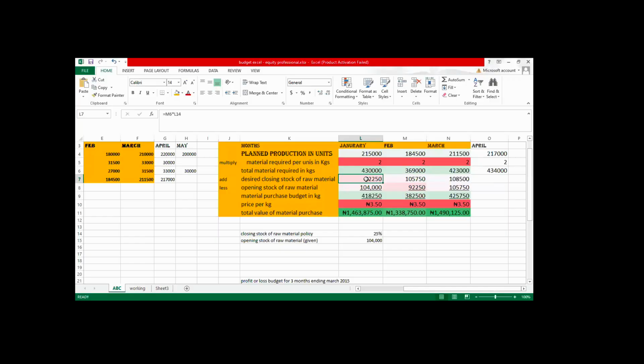Which month follows January? February, sir. I will now compute 25% of February production requirement material. Compute 25% of 369,000. 92,250. That becomes closing stock of raw material for January.